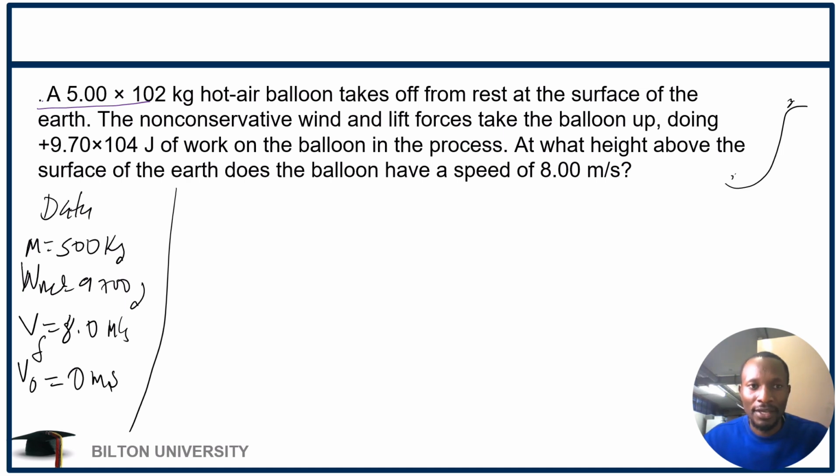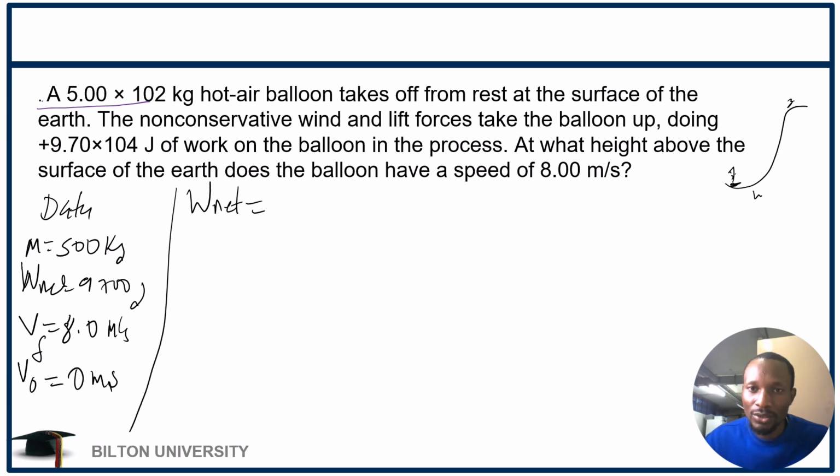Okay, so if we apply the work energy theorem, which tells us the total net work done is equal to the change in mechanical energy. So work net, or the total net work done, is equal to the change in mechanical energy. And change in mechanical energy is the sum of the change in kinetic energy plus the change in potential energy, because at this point we have maximum potential energy and minimum kinetic energy.